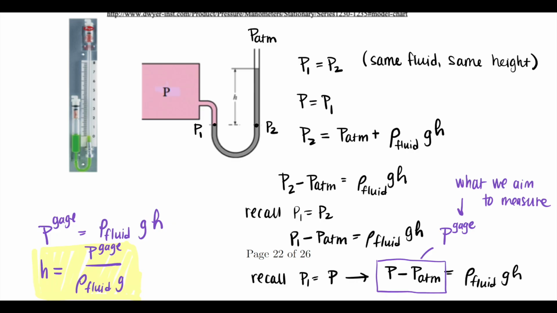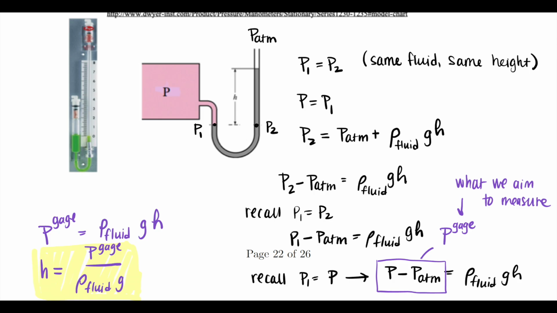So this is a sketch of what our manometer is going to look like. We're going to connect it to our pressure of that pink gas P. And we want to find what this H is, right? So we know that P1 is equal to P2 because we have the same fluid, same elevation. And we know that P is equal to P1 because it's a gas in this tank, same argument as what we made before.